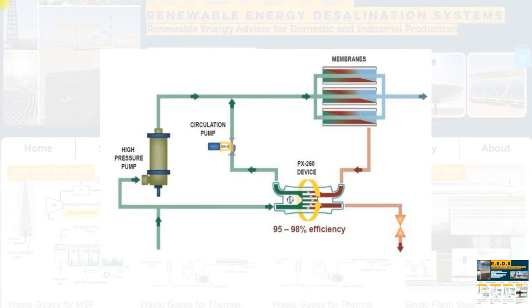We are talking about 70, 75, 80%. So the pressure device can transfer the pressure from the brine rejected into the split feed.